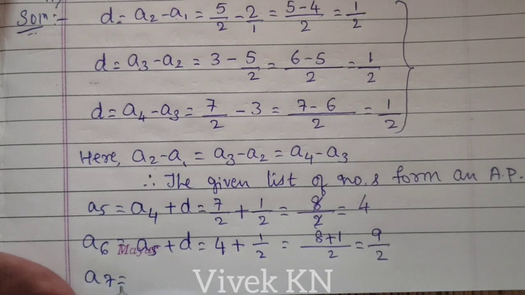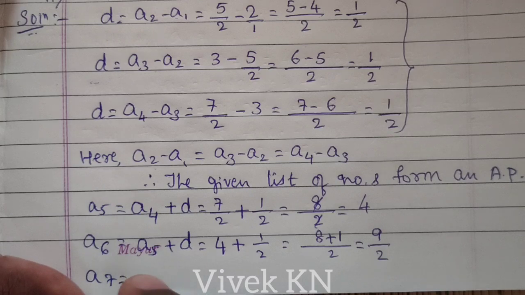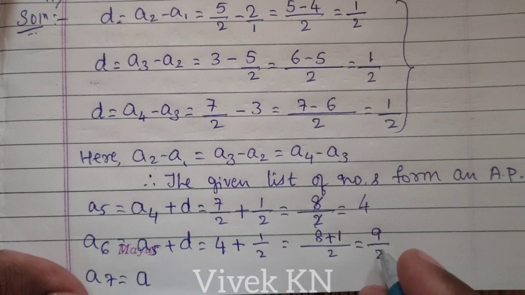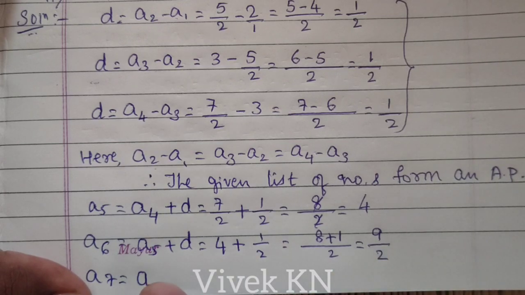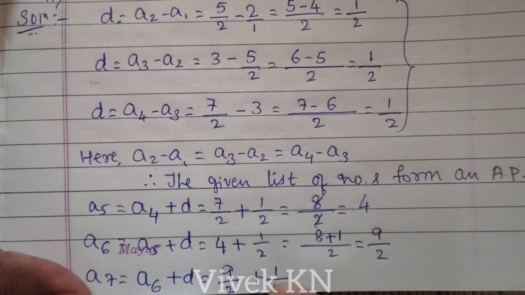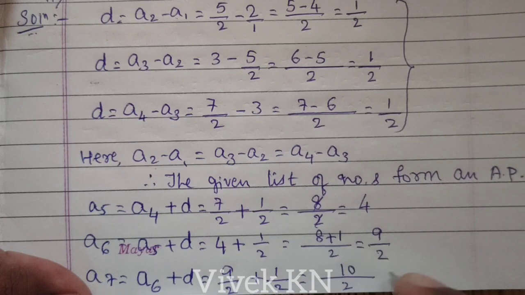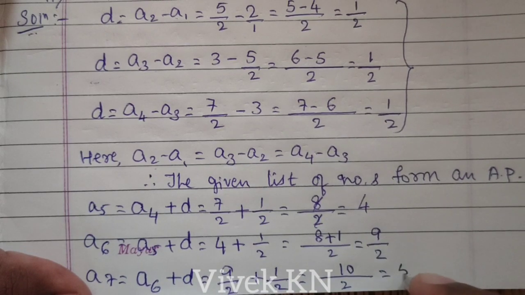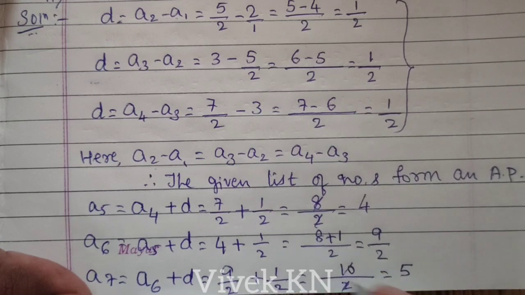Next we have to find A7, that is obtained by adding common difference to the preceding term, that is the sixth term. A6 plus d. A6 is 9 by 2 plus 1 by 2 equals 9 plus 1 is nothing but 10. 10 by 2 is nothing but 5.